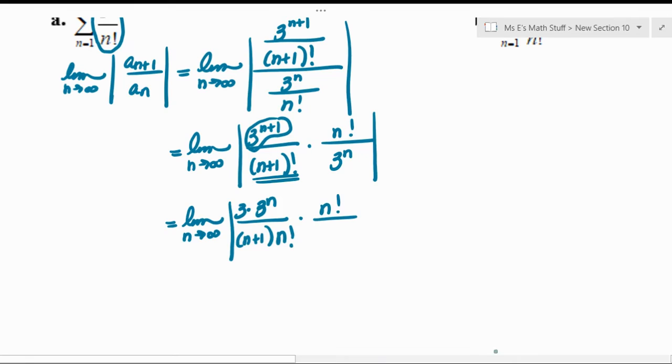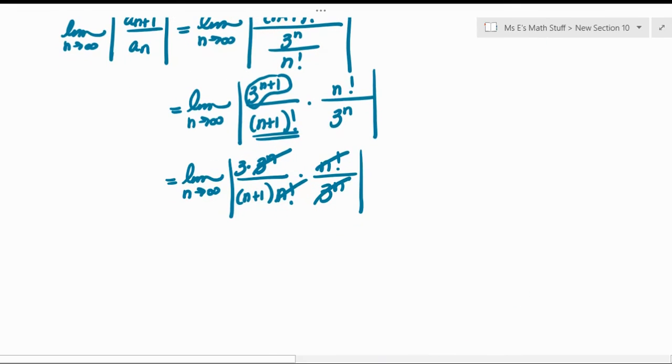And then I'm just going to bring the rest down. And then I hope you have good sound effects, because in my opinion, that's what's going to make chapter 8 fun. So simplify this. We'd have the limit as n goes to infinity of the absolute value of 3 over n plus 1. I think that's all that's left after all of that destruction.